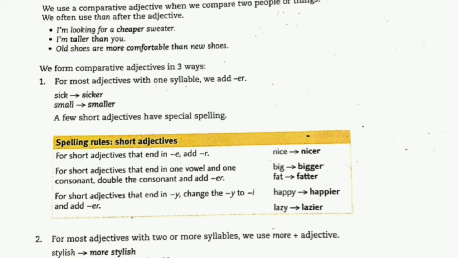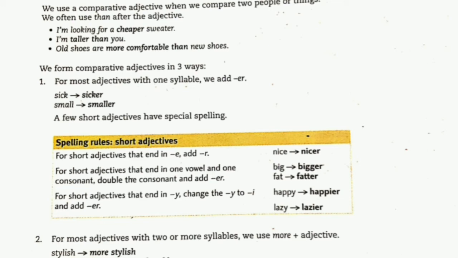For example, big and fat, we have bigger and fatter. Now, for short adjectives that end in y, we change the y to i and add er. For example, happy, we say happier, lazy, lazier.